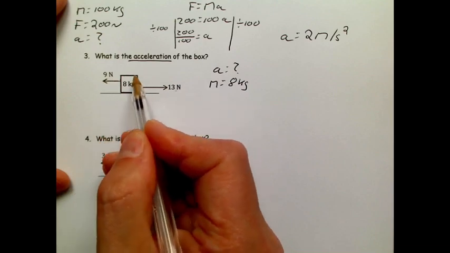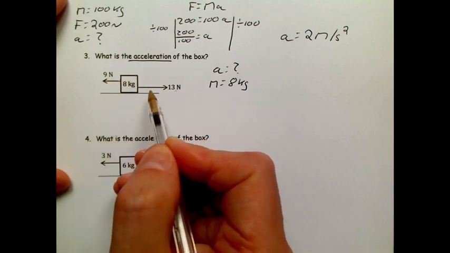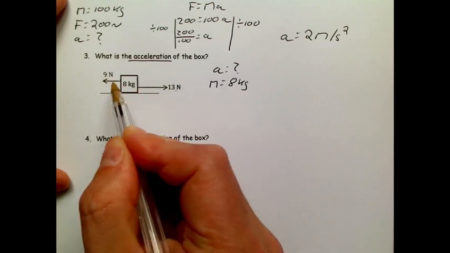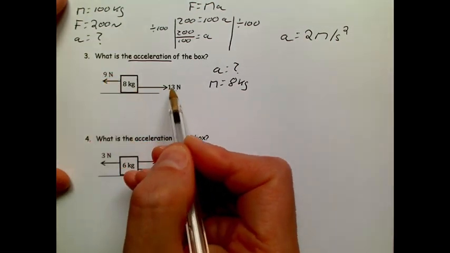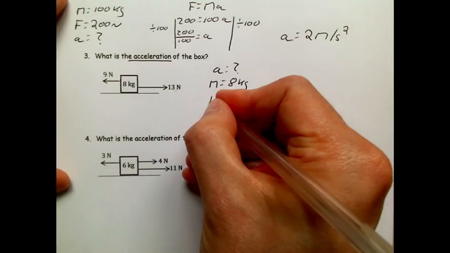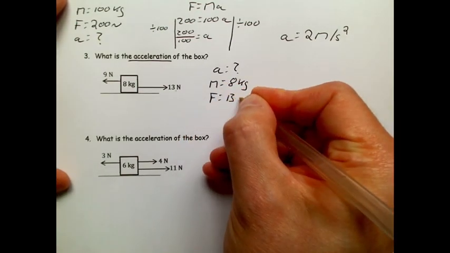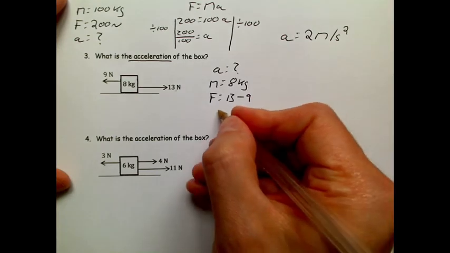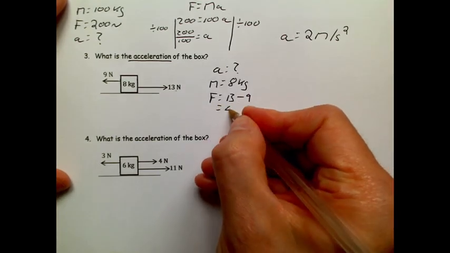So I need to find what the overall force for this box is, what the resultant force is. So in order to do that, I'm going to take 9 newtons away from 13. So my force is going to be 13 minus 9, which is 4 newtons.